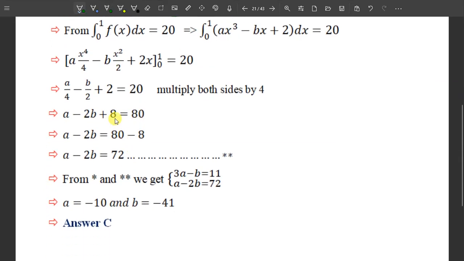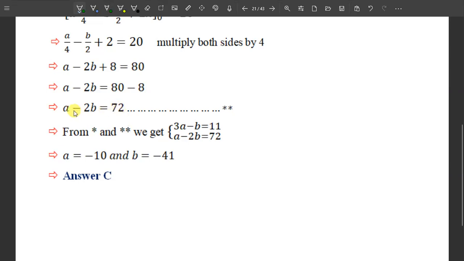And then move the number to one side, and leave those that contain variables on the other side, which means a minus 2b is equal to 80 minus 8, it becomes 72. Therefore, a minus 2b is equal to 72.